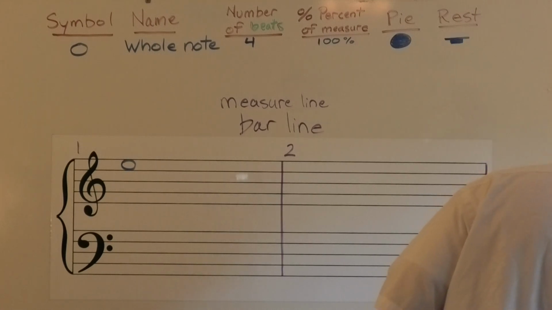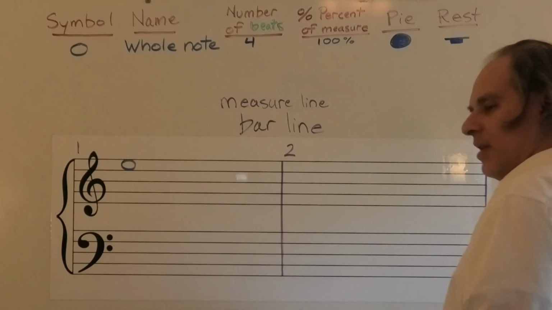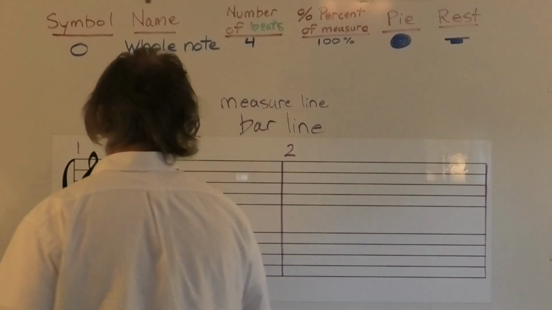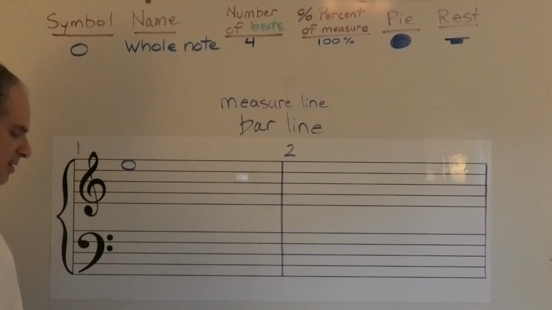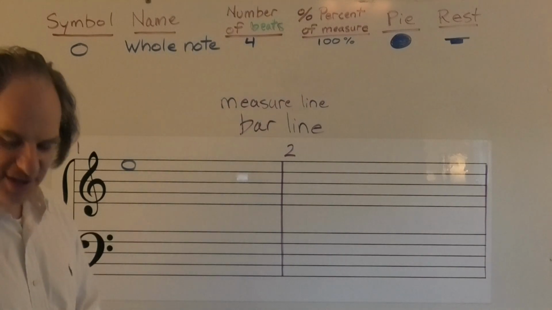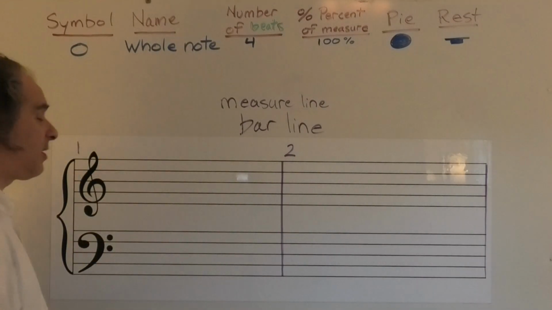We play 1, 2, 3, 4, off, and then I take my finger off. We hold it for all 4 beats. So we probably need a time signature here. Let's put the meter.